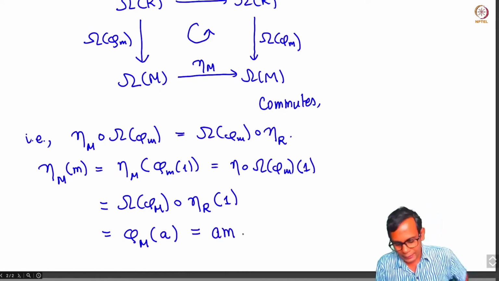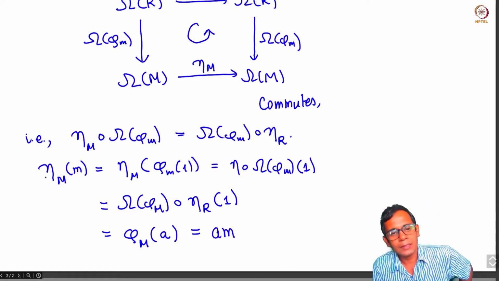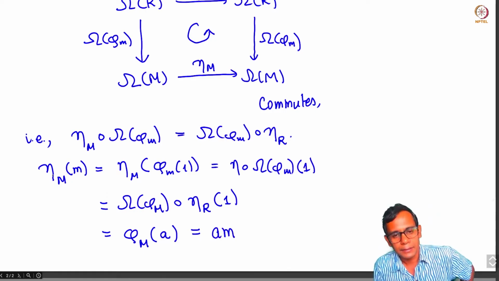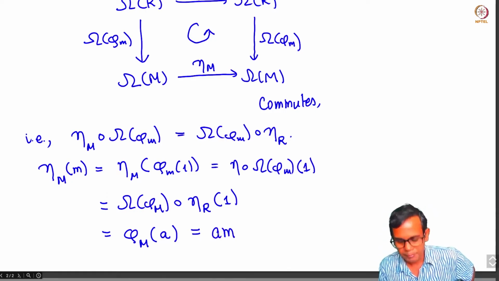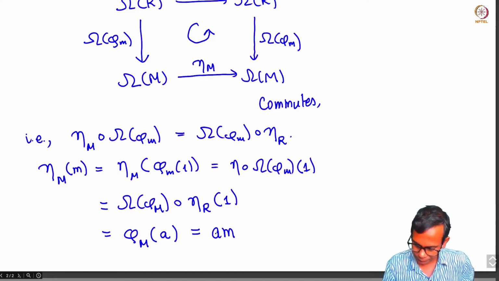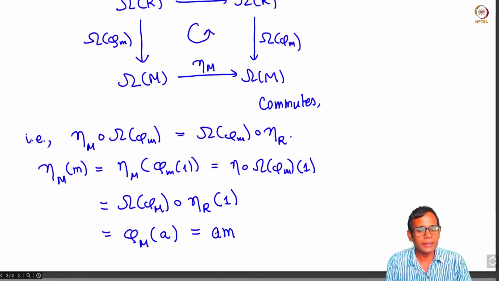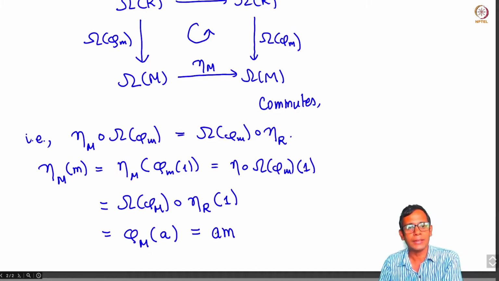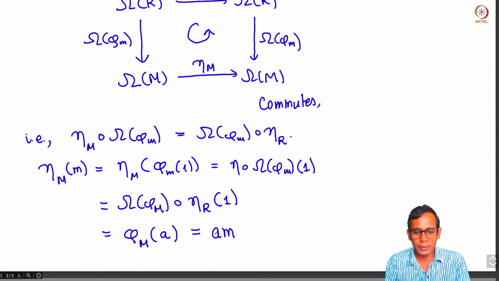So what we see is that eta M is completely determined by this element a of R and the fact that eta is a natural transformation. So each natural transformation from omega to omega gives rise to an element of R. Can we do the reverse?